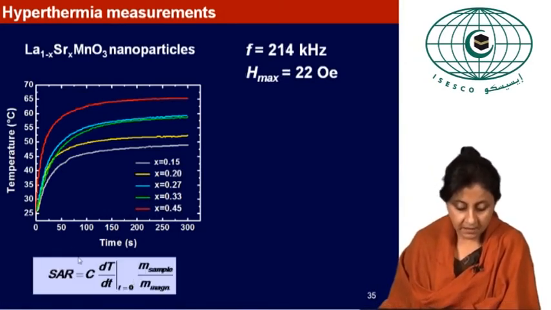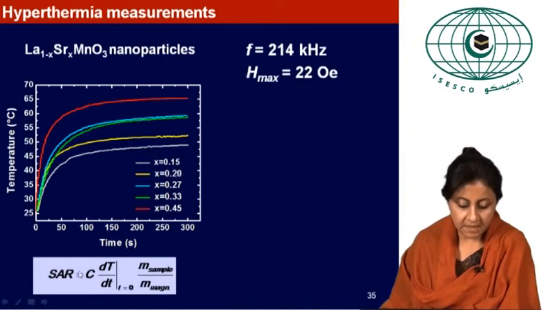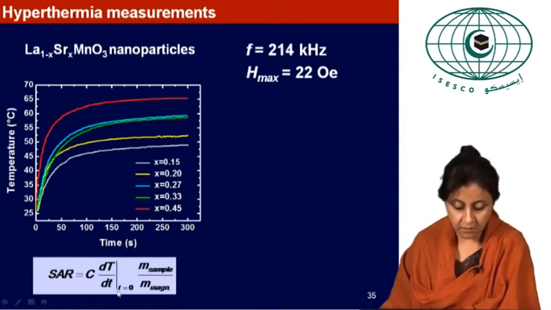And the specific absorption rate, which is the amount of heat absorbed per unit mass of nanoparticles, is given by the heat capacity of the nanoparticles times this derivative here, which is the slope of the heating curve at time t equal to 0, and the ratio of the sample mass to the mass of the magnetic component in the sample, which in this case is the manganese ion.